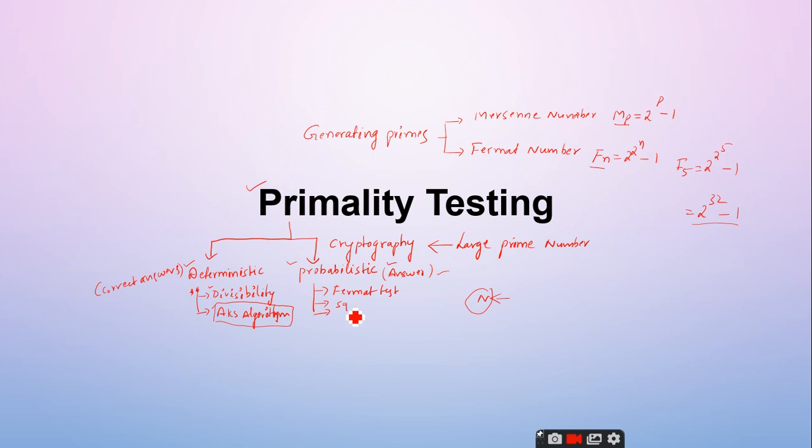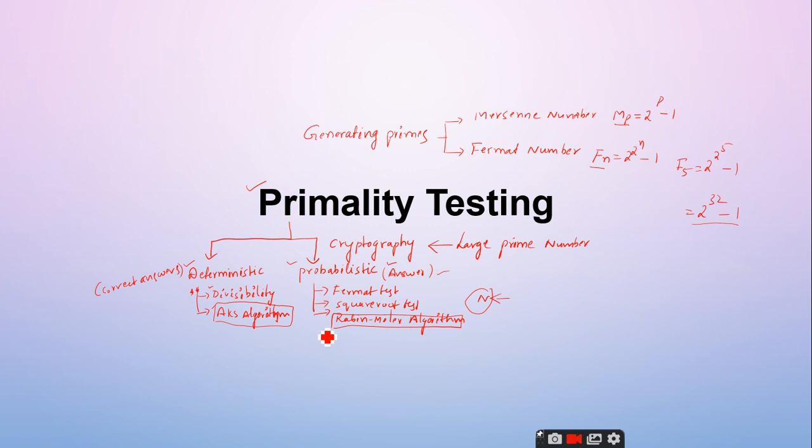And then we have the square root test, and finally the Rabin Miller algorithm. You can say it as Miller Rabin also, nothing wrong in it, right? These are the two authors who invented this algorithm, therefore it is named after them.